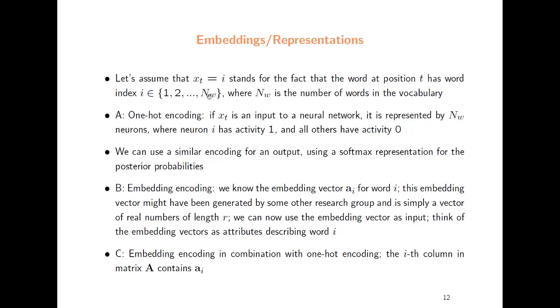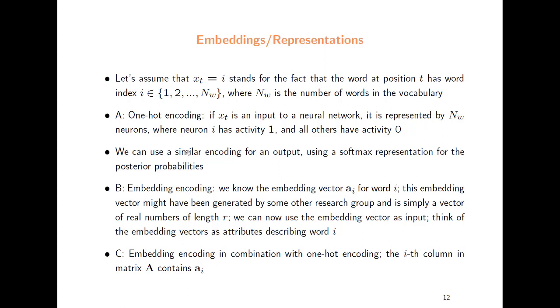There are different options. The first one is called one-hot encoding. One input at a certain location in the sequence, x_t, is represented by N_W neurons, so maybe 10,000 neurons. The ith neuron out of these 10,000 has activity 1, and all others have activity 0. So this would encode word w_i in your vocabulary.